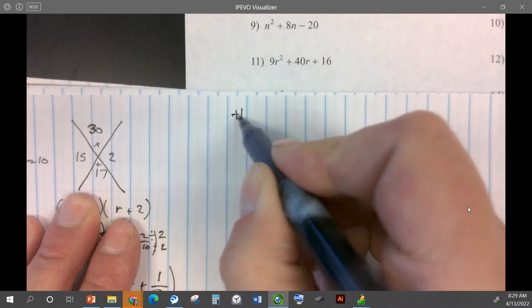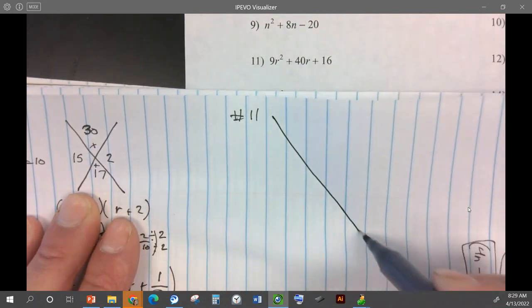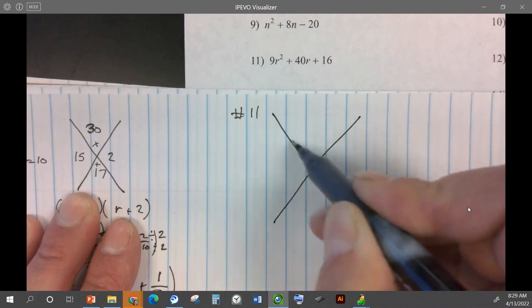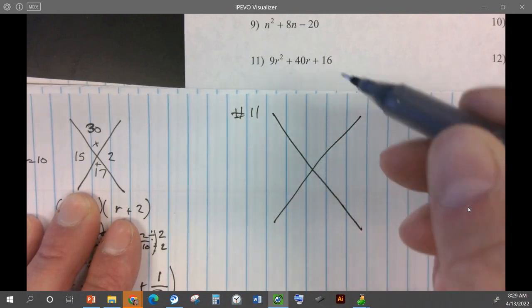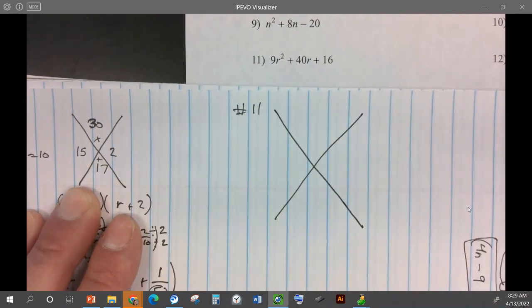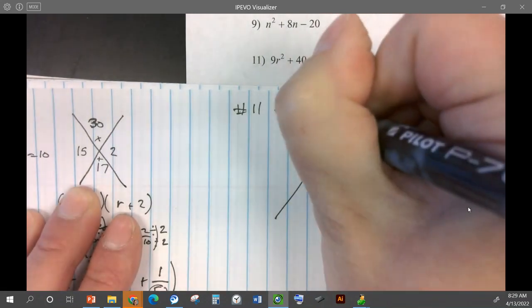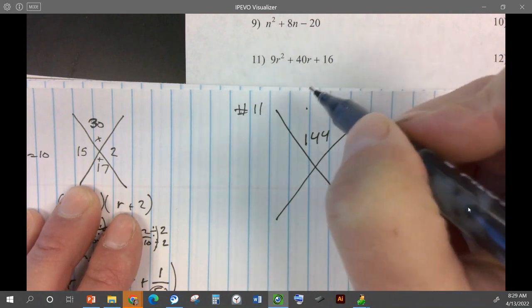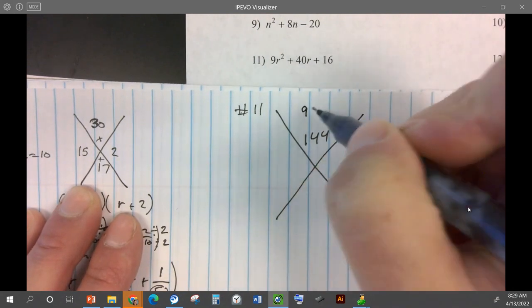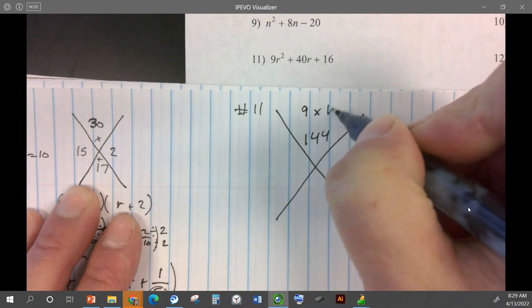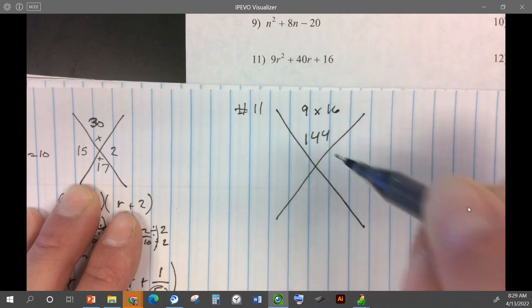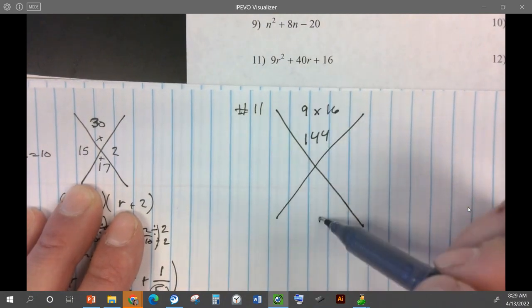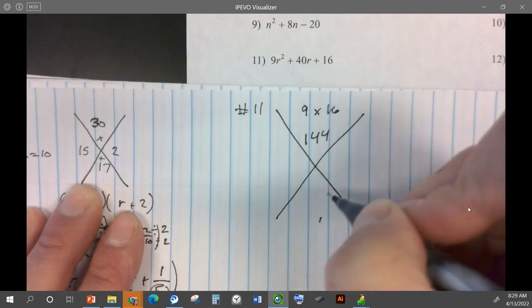Okay, so number 11. What number will go on the top? Okay, you're quick. 144. So how did you get that again? Good. A times C. 9 times 16 gives us 144. Perfect. And then what number needs to go on the bottom? Perfect.